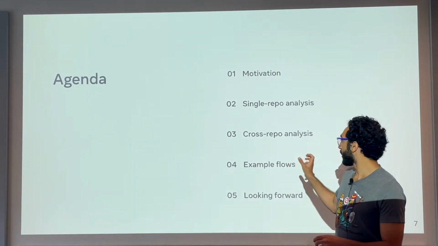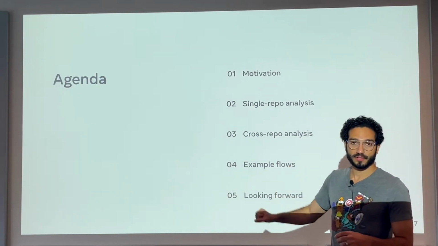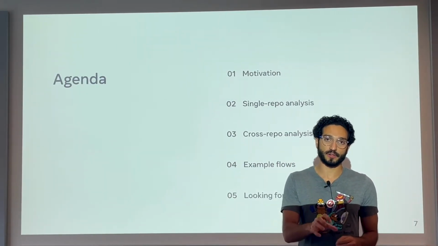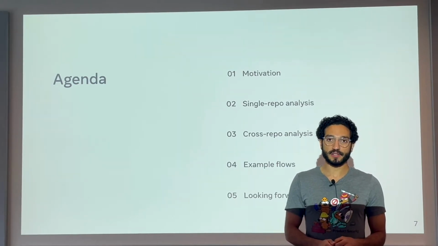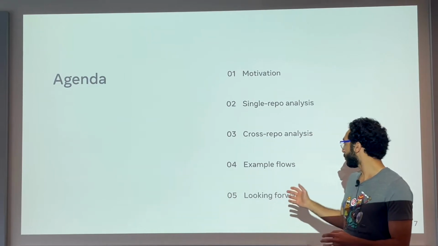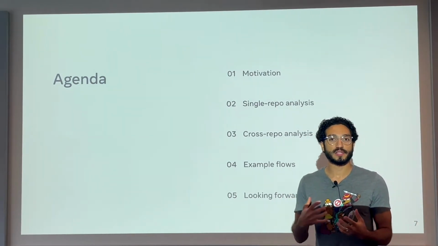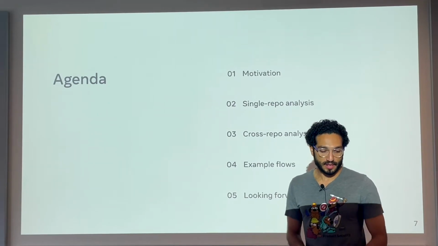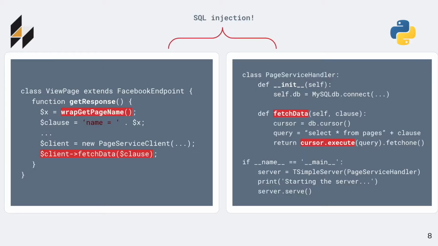And then the example flow, which is my favorite section here, because we will show you a real vulnerability that we have found with cross-repo analysis and show you the real impact here. And then I would like to end with looking forward, how I see this moving over time, and sharing some thoughts and ideas.